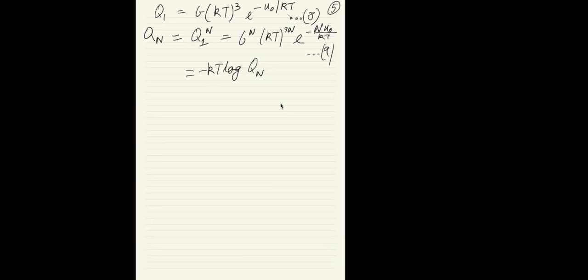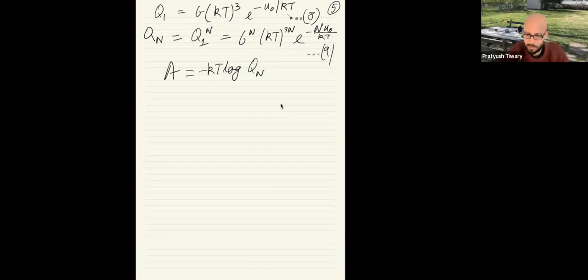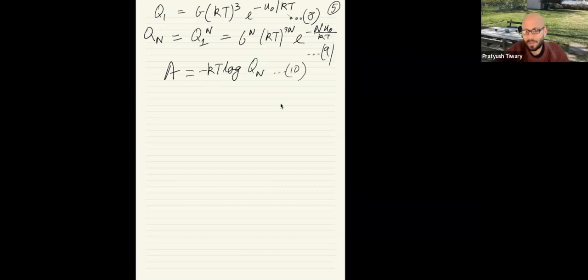Helmholtz free energy, right? That's one step. How do I go from Helmholtz to heat capacity? Differentiate? Will that directly give you heat capacity? It's a bit trickier. Heat capacity is T partial S by partial T at constant V. And S is minus partial A by partial T at constant V and N, right?